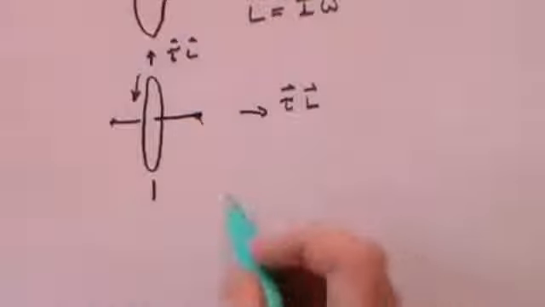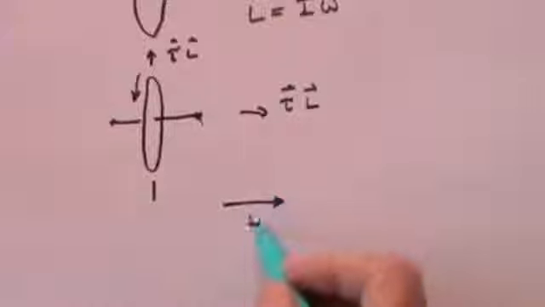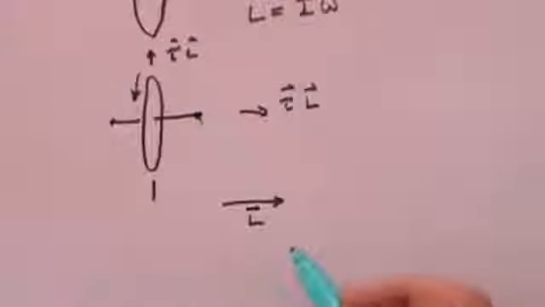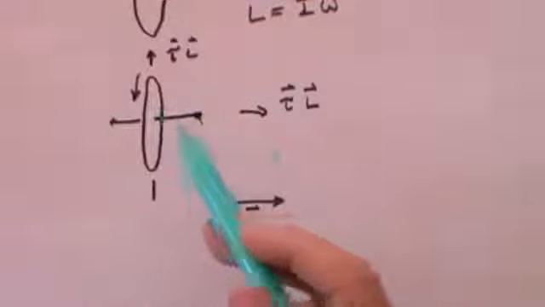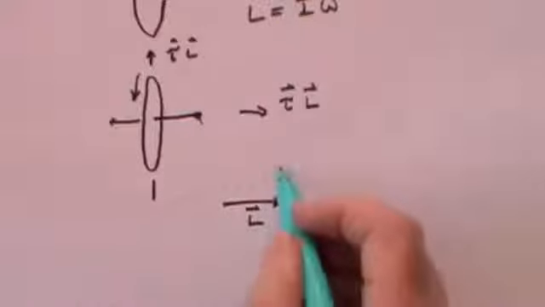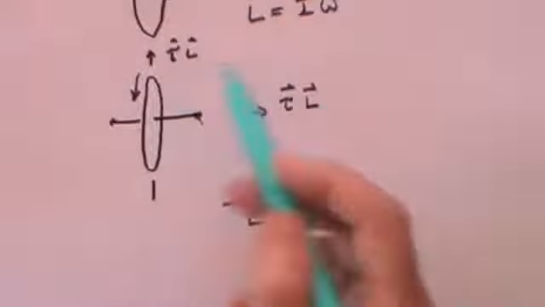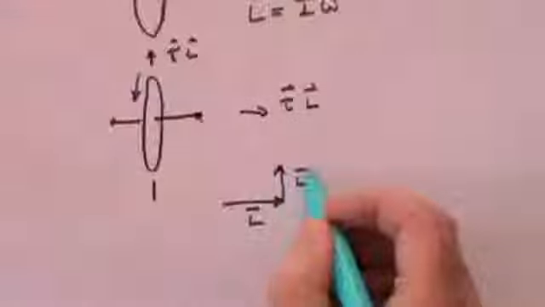What do you do when you've got two such vectors? Well, you can add them together, and you add them tip to tail. Doesn't matter which order you do it in. So here we've got a vector L, the angular momentum vector, which is due to the spinning wheel. And here we've got an angular momentum vector, that's this one. Call this L1, call this L2.